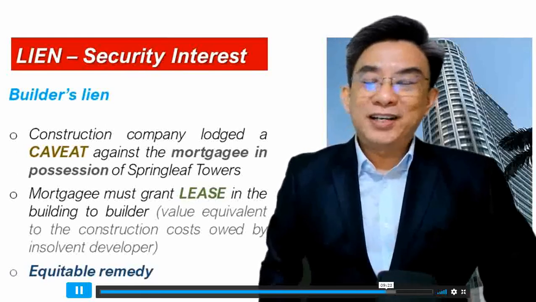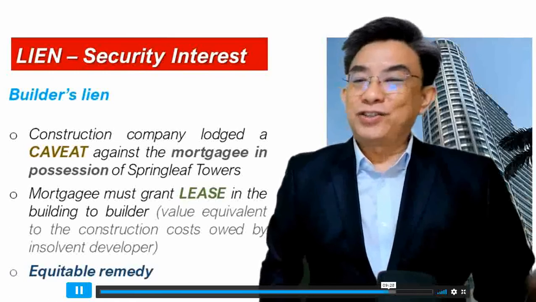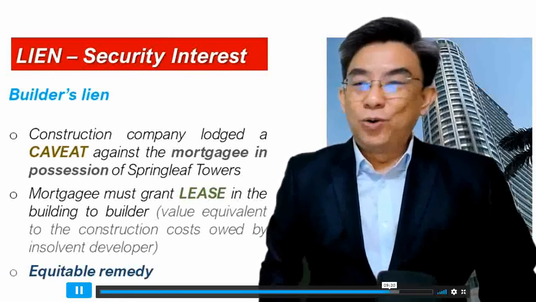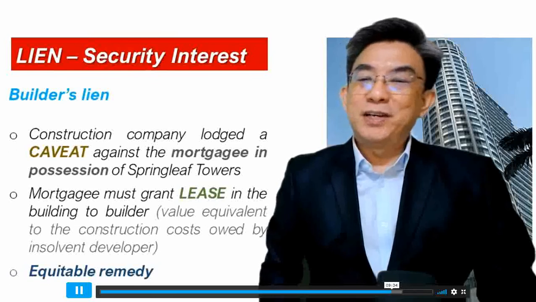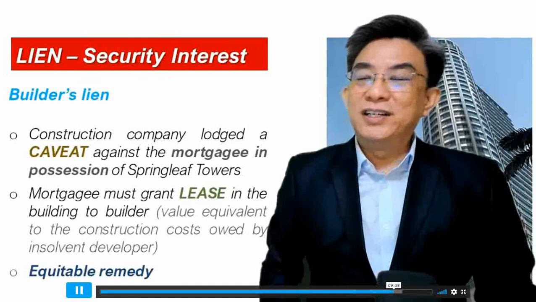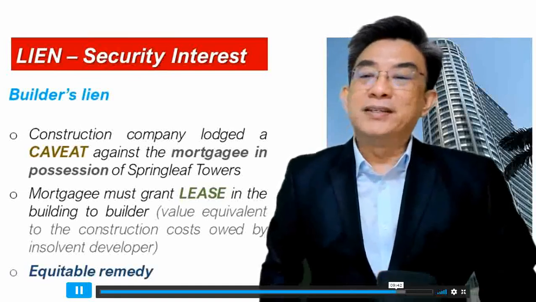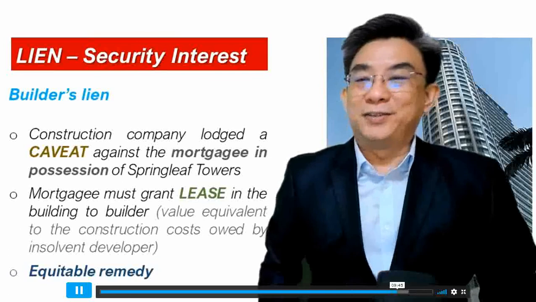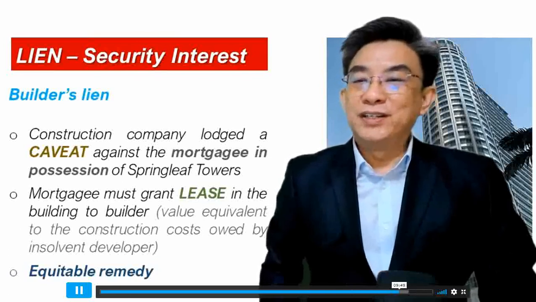One whole floor, I think an 80-over-years lease, granted to the construction company who was owed, I think, 11 million in construction cost. So the granting of the lease over one whole floor of office space has a value equivalent to the construction cost owed by the insolvent developer.